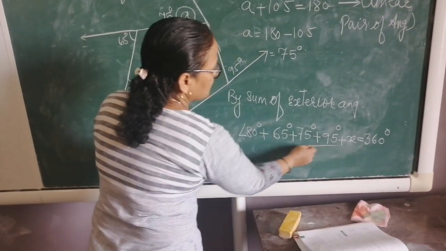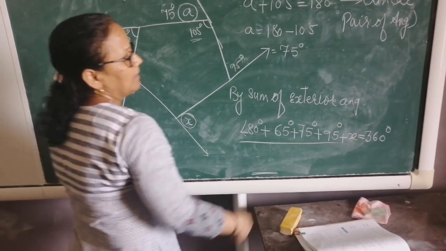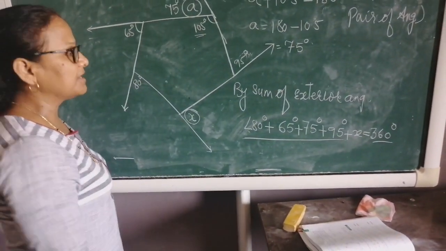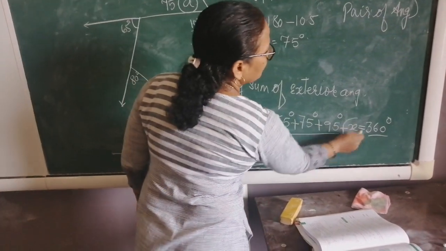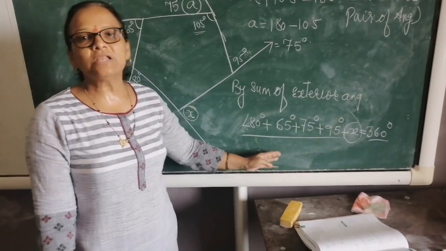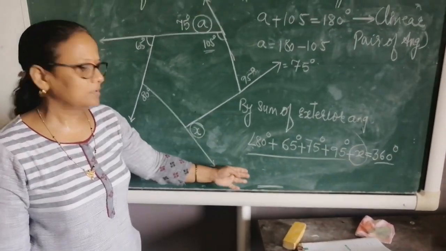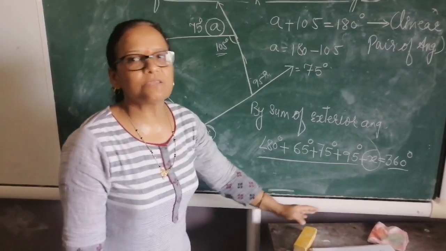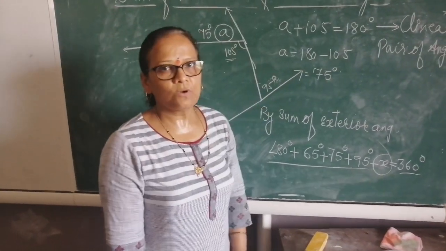Now you have to find out the sum of these 4 and then subtract it from 360 degrees, you will get the value of x. Okay, how do we have this? According to your linear equation, you will be able to find it out. Just add this, subtract from 360, you will get the value of x.